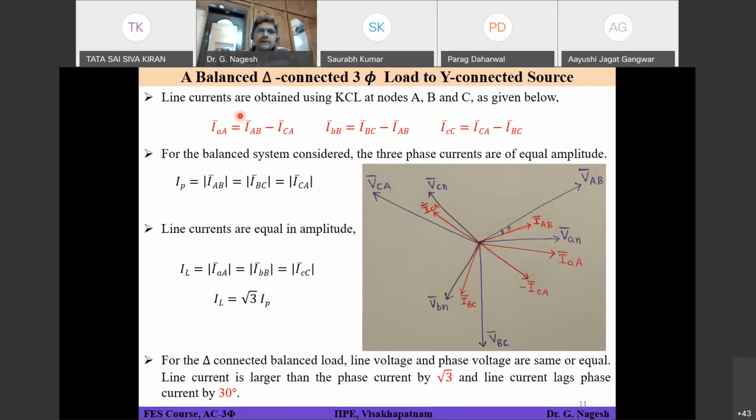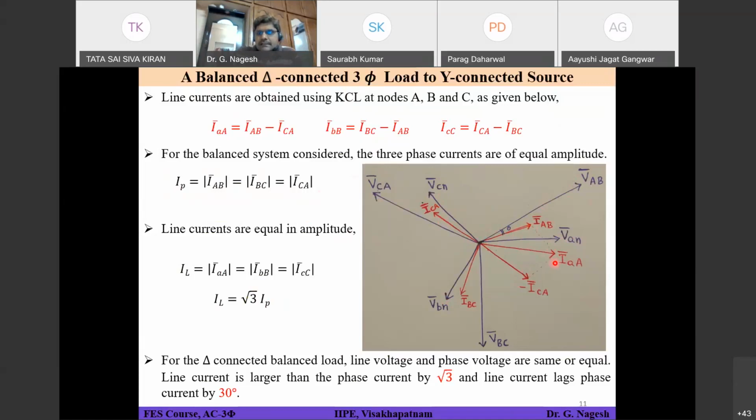So if I want to calculate IAA, what should I know? IAB minus ICA. So IAB is here, ICA is here. So minus ICA will be falling here, and IAA will be exactly falling at the center of these two phasors. So it will be here. Is it clear?